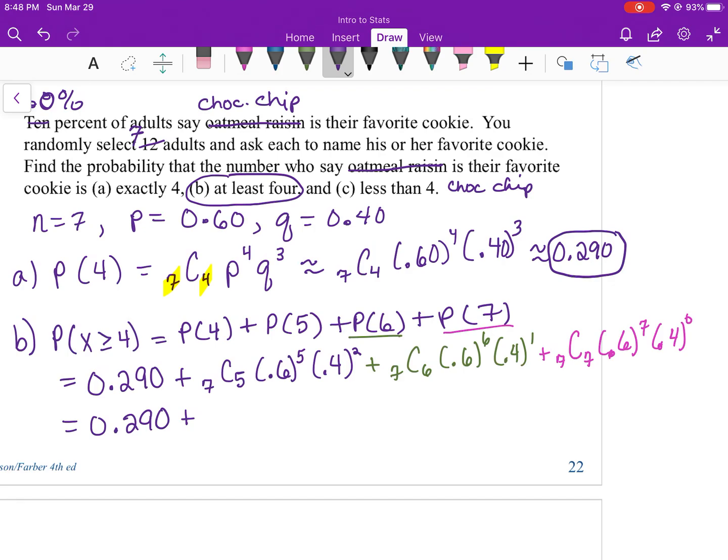So let me get that going on mine. 7C5 times 0.6 to the 5th times 0.4 to the 2nd. All right, for that, you're going to start rounding these to about 6 decimal places. The idea is that you get enough places so that when you get to your final answer, you can round to 3. Okay, just a quick edit here.